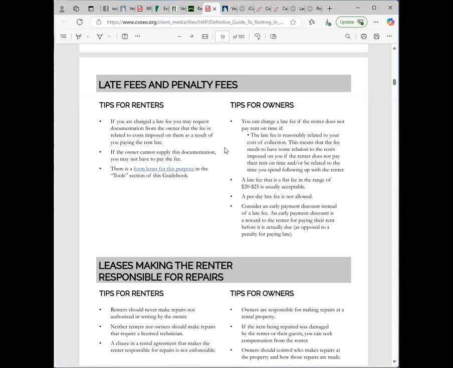I've seen this as a bone of contention in other locations, where you say if you pay on or before the first of each month, you get a deduction in your rent. Vermont looks at an early payment discount as a reward to the renter for paying their rent before it's due, as opposed to a penalty for paying late. Very interesting. I've seen other states and provinces interpret it a little differently, but in Vermont, that's how they do it.